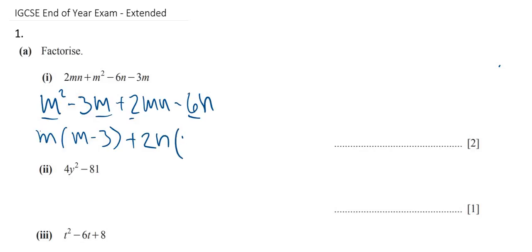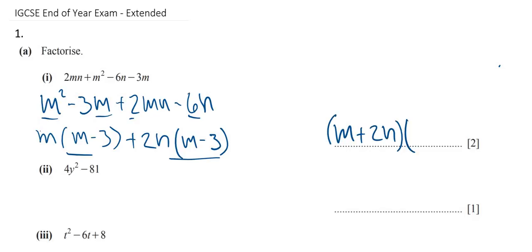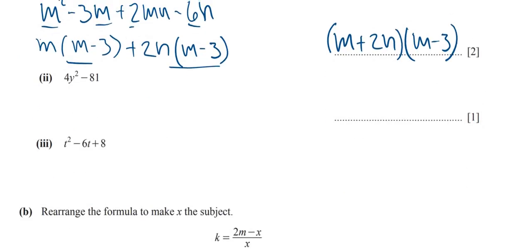Now we've got some common factors here, m minus 3. So what we can write is m plus 2n times m minus 3.